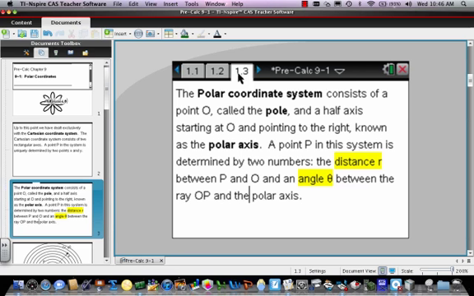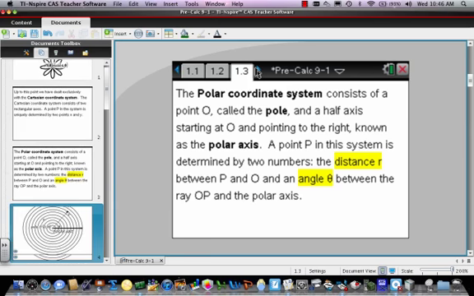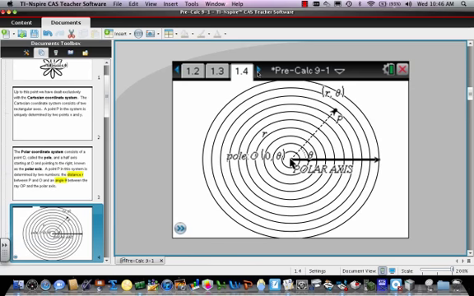Okay, next slide is going to show you what a polar grid looks like. As we see, it's just going to look like a circle basically. Yeah, there it is.